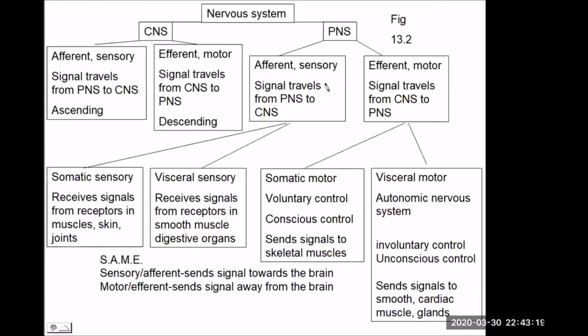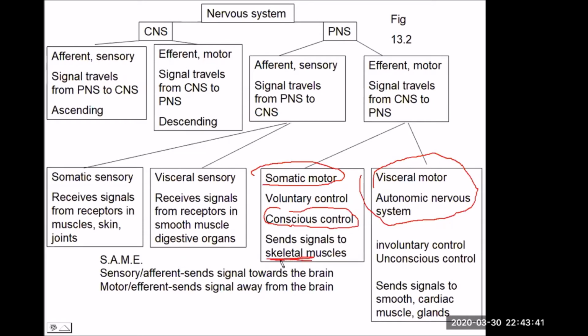Whereas now if we go to the motor side, there's somatic motor, and here's where these alternate names come in. So autonomic nervous system, another name for that is visceral motor. So two names for the same thing. Somatic motor is when you have direct conscious control of skeletal muscle.